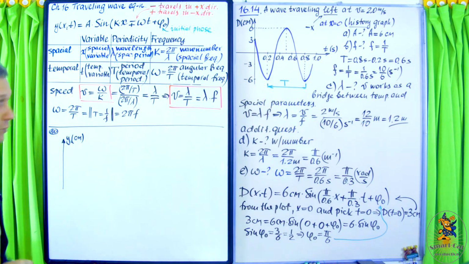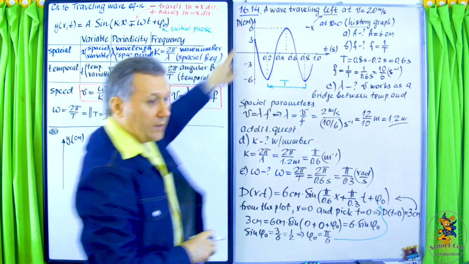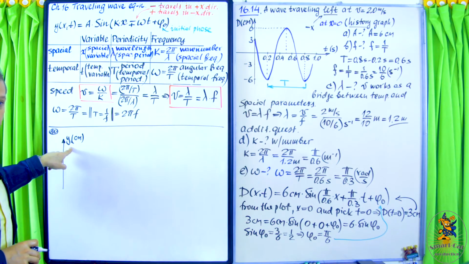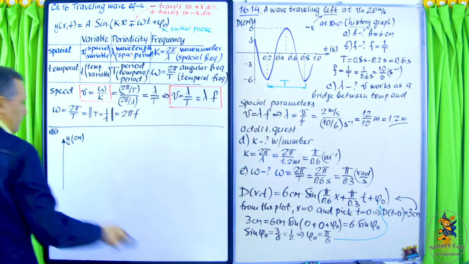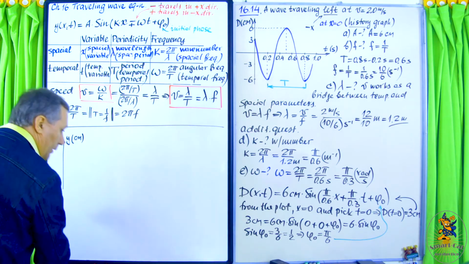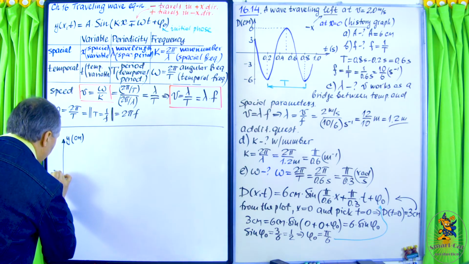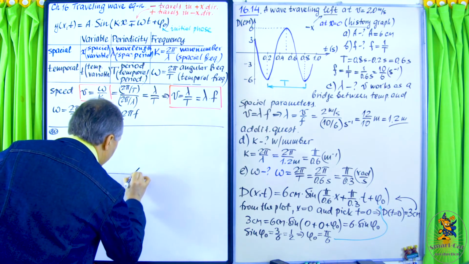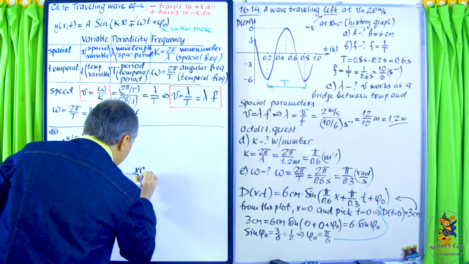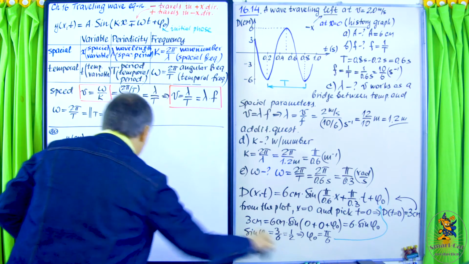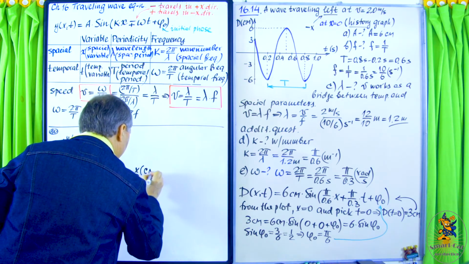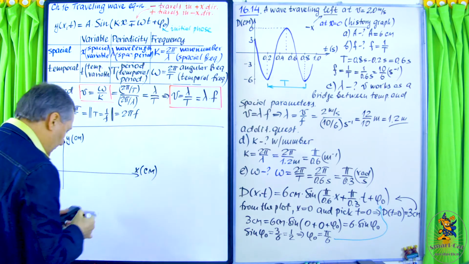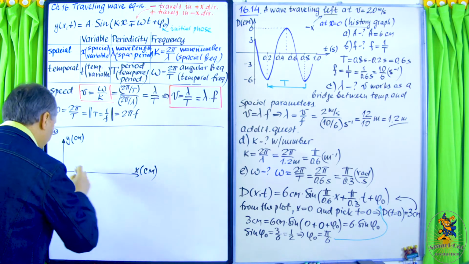Here we had displacement d. Now displacement from the equilibrium y. And this plot is given versus x. X is in brackets, centimeters. And this is the plot.